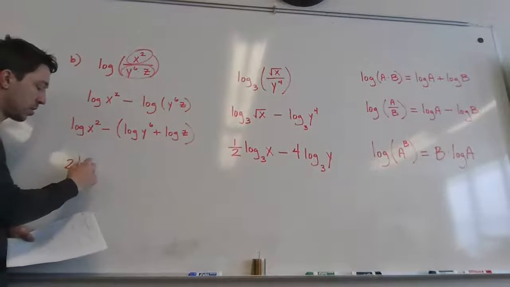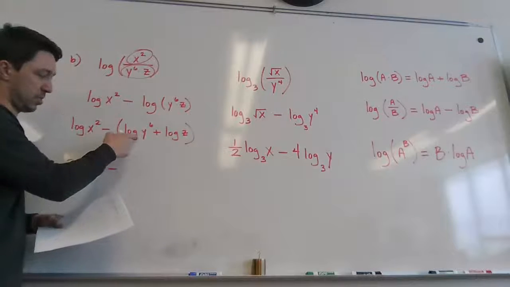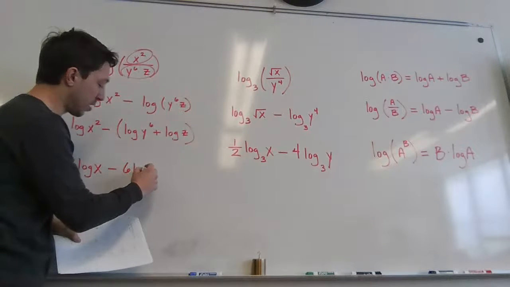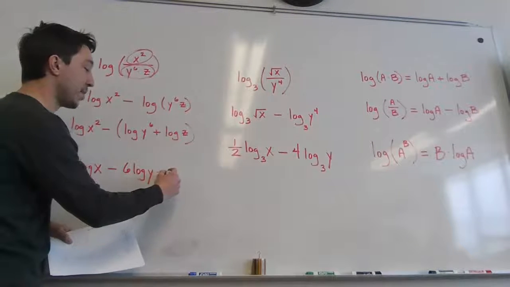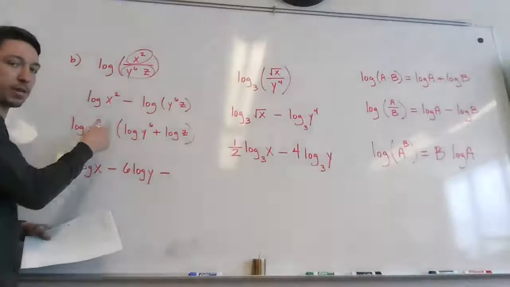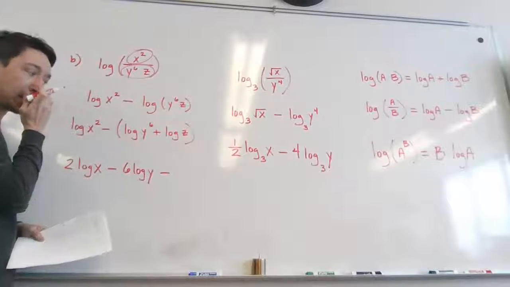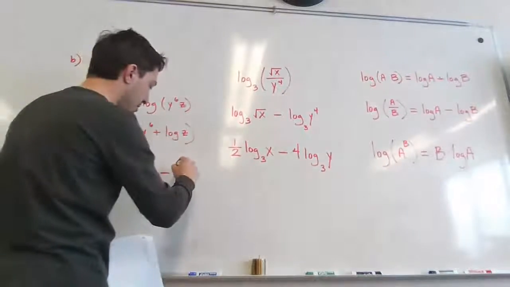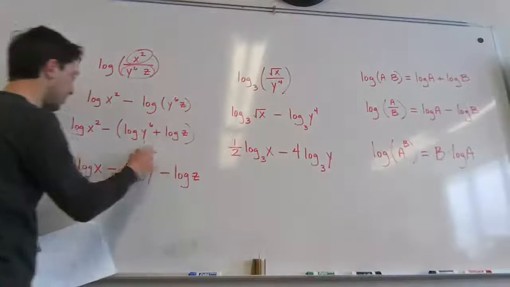So we have 2 log of x minus 6 log of y minus, because these are both being subtracted, or you can think of that as the -1 being distributed over the addition, and you have 1. So there you go.